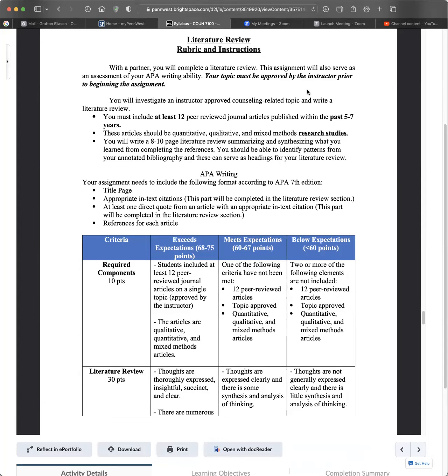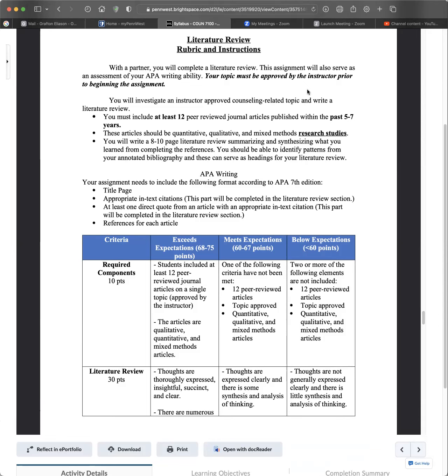the title page counts as a page, and the references count as a page, and the abstract counts as a page. That's 3 pages right there.